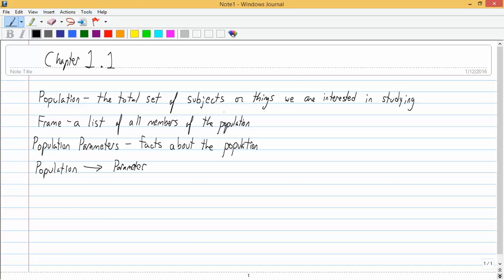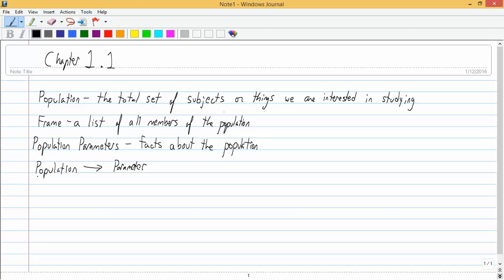So those are all parameters that describe the population that will be voting. So when you say population, we're not talking about everyone alive in the United States. No, we're talking about all eligible voters that will be voting. Those were all parameters.